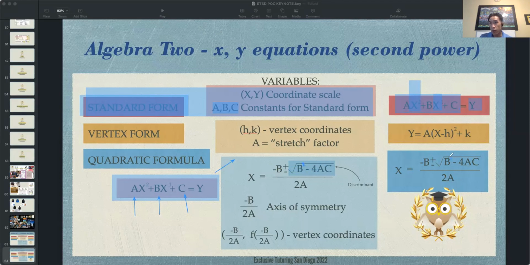So what that does is it creates a value underneath the square root. And what we understand about a square root is we cannot have numbers less than 0. So no numbers in our negatives can exist under here.